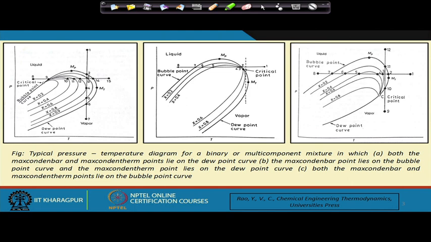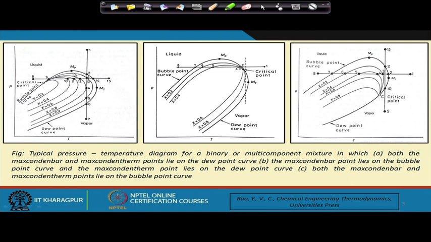But if you observe the three diagrams which I have given here, you can very well see that the liquid and vapor can coexist at temperatures higher than the critical point, at pressures higher than the critical point. So, the critical point for a mixture is not necessarily the highest point with respect to temperature and pressure. The liquid and vapor may coexist at temperatures and pressures higher than the critical point.